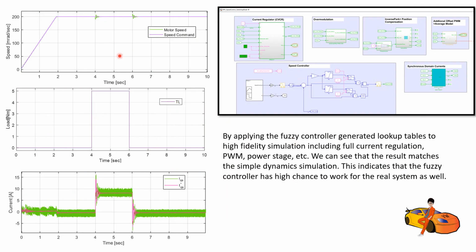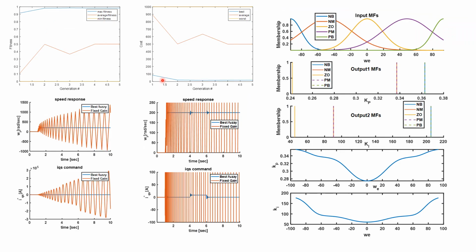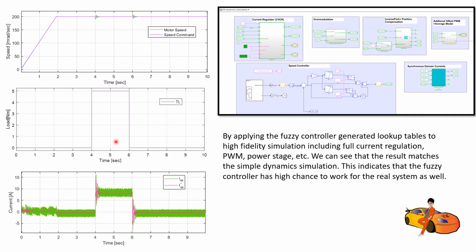And I deployed those gains, basically these two tables found by genetic algorithm and fuzzy logic, onto my high fidelity simulation here, which includes the whole current regulator and the PWM, and also, I was not able to capture that, the power stage.